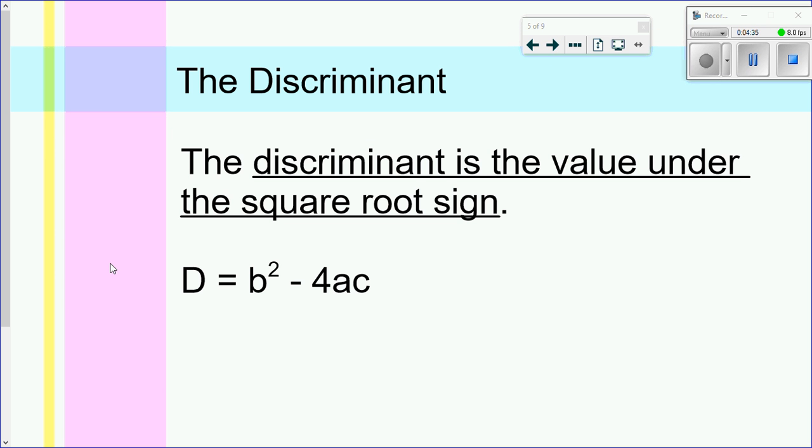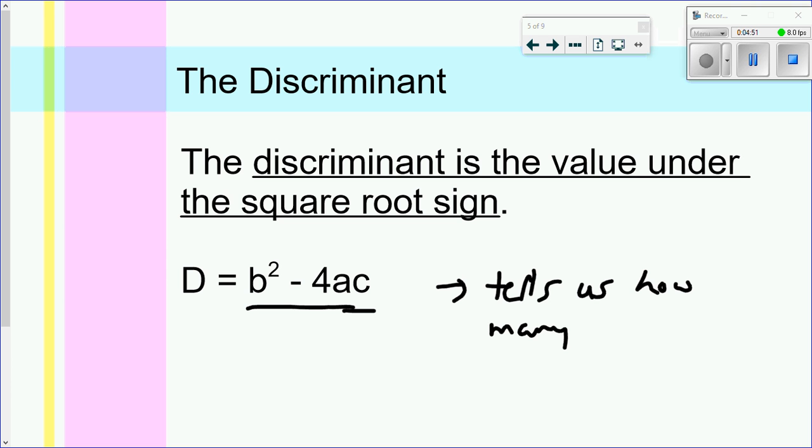The discriminant is the value under the square root sign. So we place importance on this because it tells us how many roots there are. Now, personally, I am not a big fan of the discriminant.